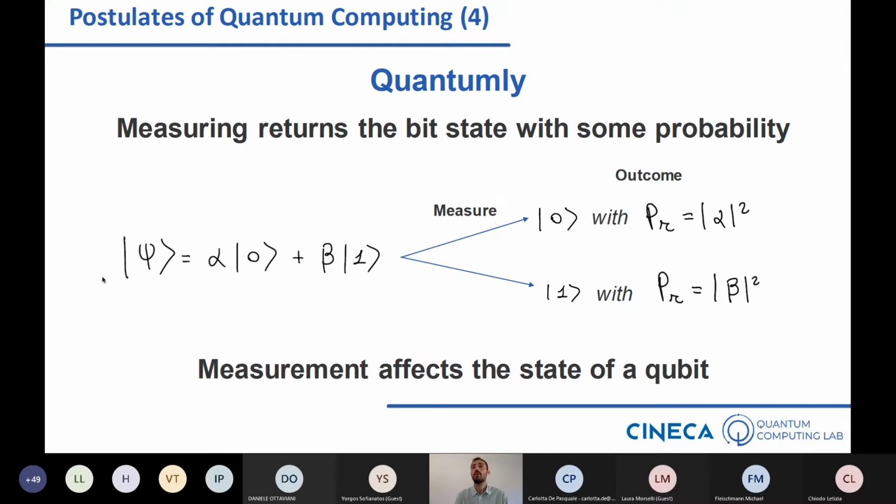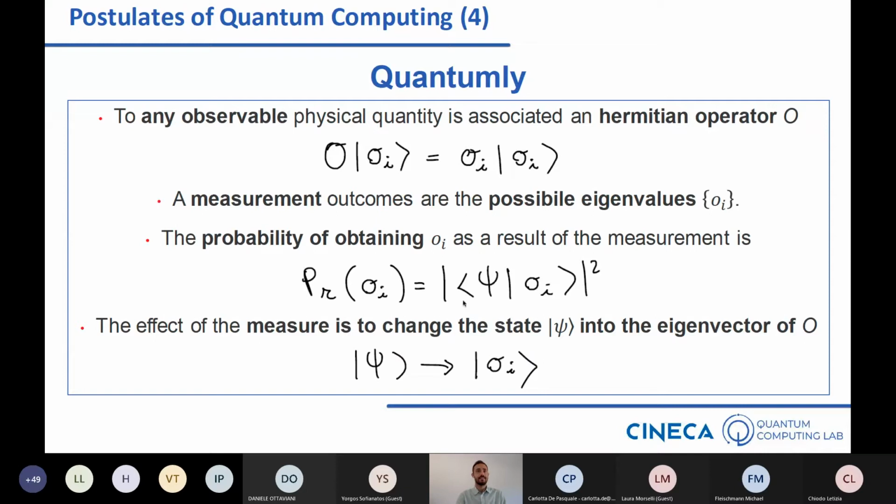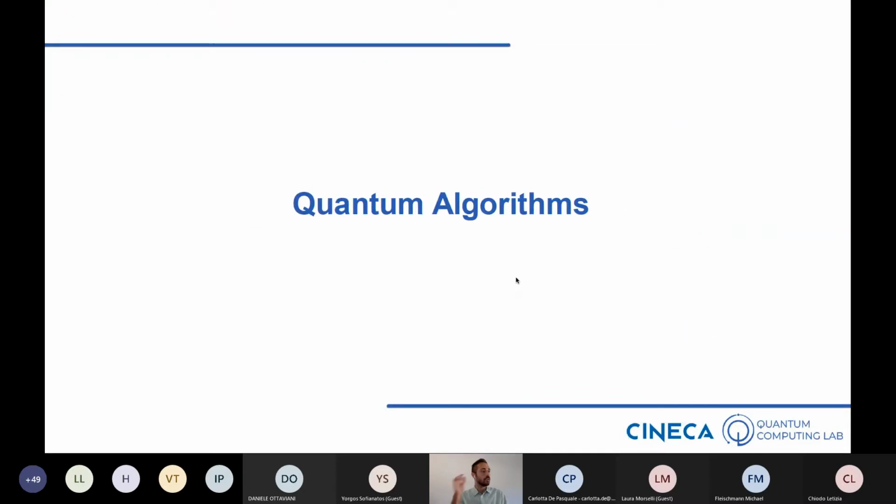It is exactly the scalar product of 0 with psi, which is modulus alpha squared. It's exactly the same in a more generic way. Okay, so are you with me? Do you have questions so far? Because we're going to see these kinds of things a lot.